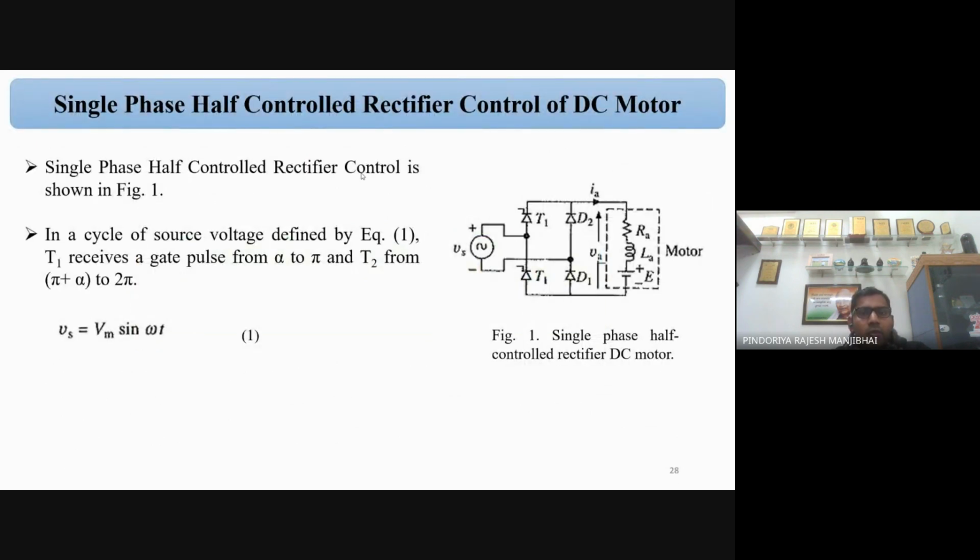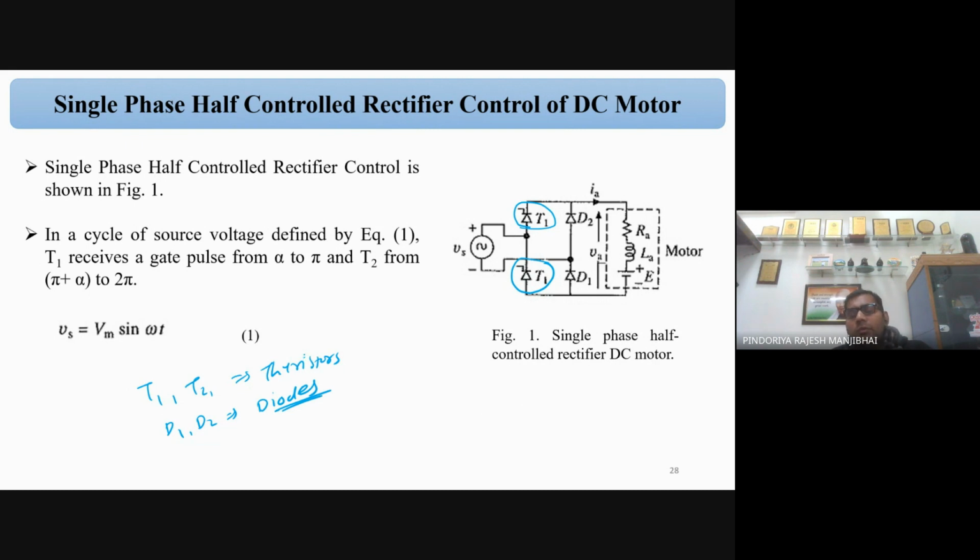now we have two switches and two diodes. So you can see we have two thyristors, T1 and T2, and D1 and D2, which are diodes.